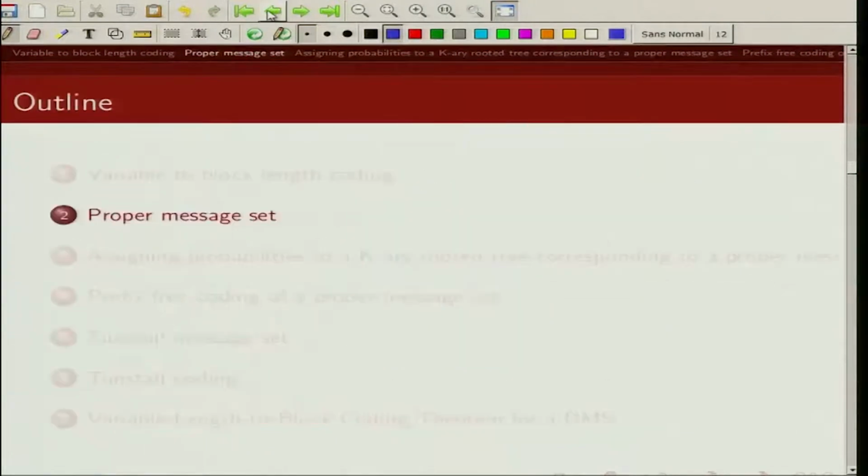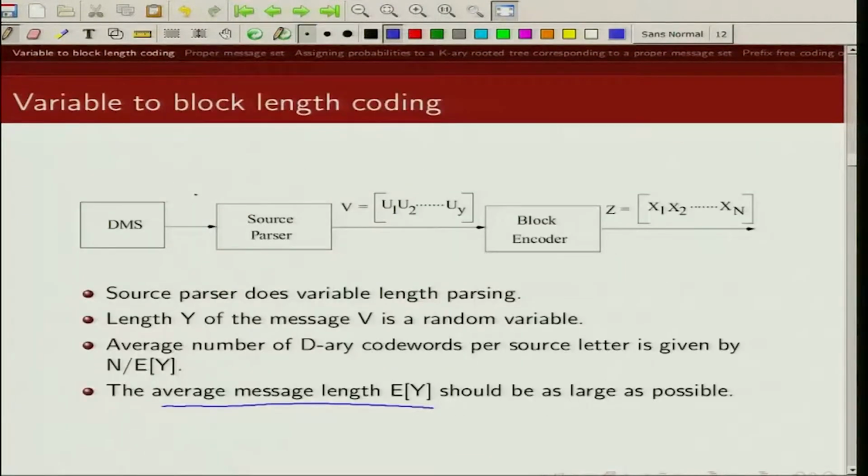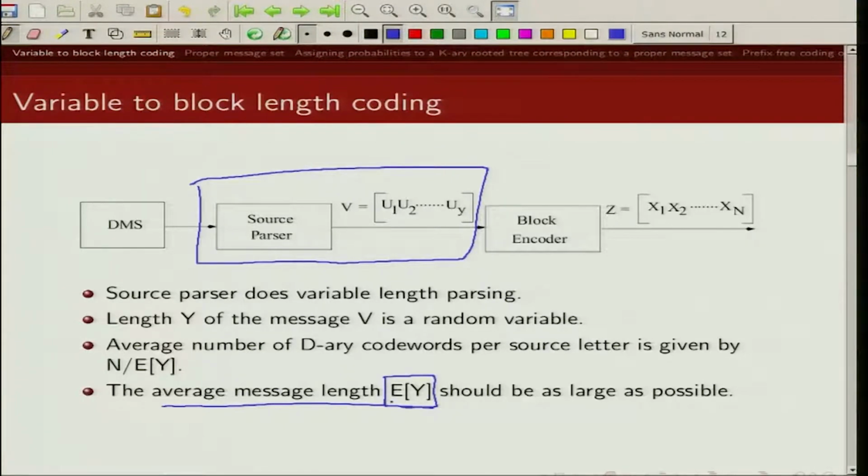Again, recall, our objective is to design this. We have a bit stream coming in. We want to divide that bit stream into blocks of data. Now how do I do that? How do I parse the source into blocks of data? And of course, remember that my objective is to maximize the expected value of y, because my code word length n is fixed.